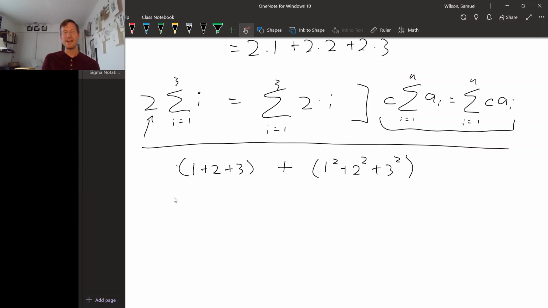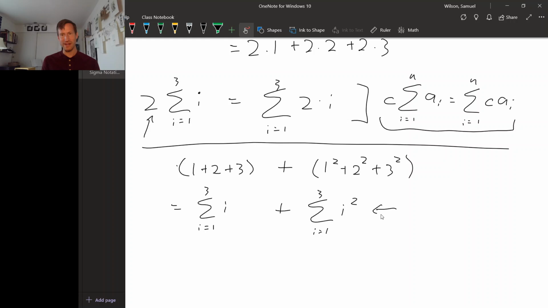So one way that we could write this is to use sigma notation. This first piece, we could write it as the sum from i equals 1 to 3 of i. And then the second piece, well, it's the same i values, still from 1 to 3, but the pattern is different. Instead of just being i, it's i squared.